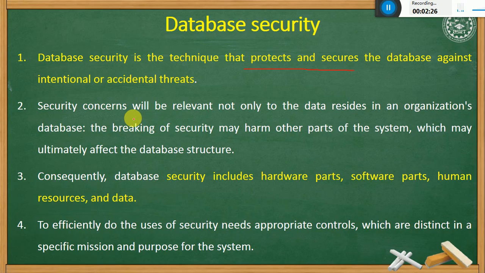So security is a major part of the database management system. Data security is nothing but to have authorization and authentication, and also to avoid unwanted access of data by the end user. So basically we are securing the data from the hardware part, software part, as well as from the users.